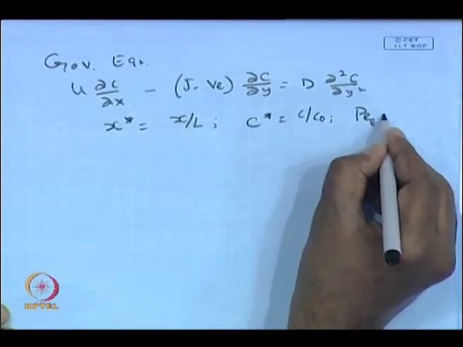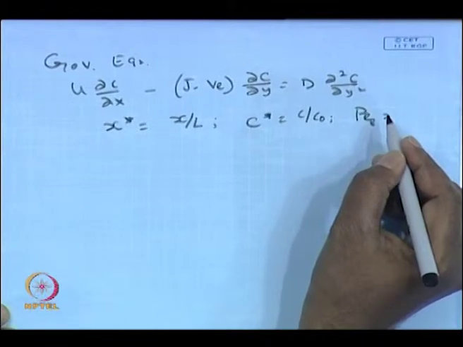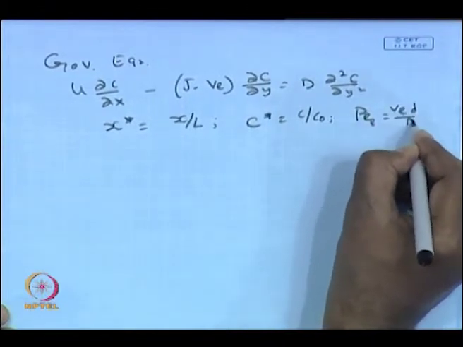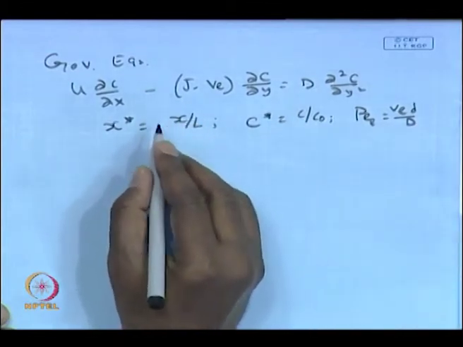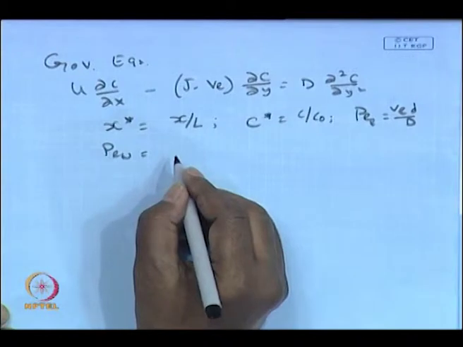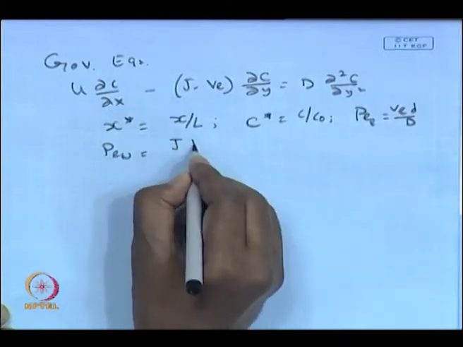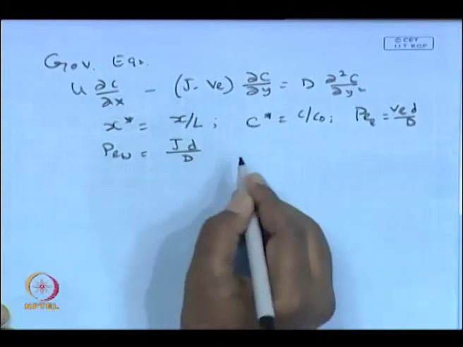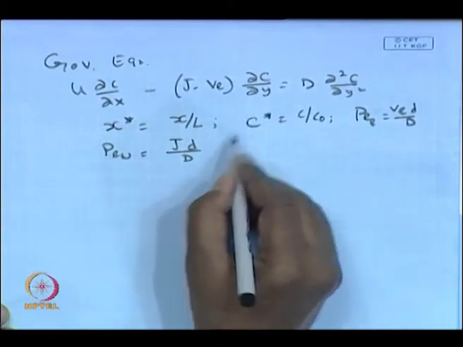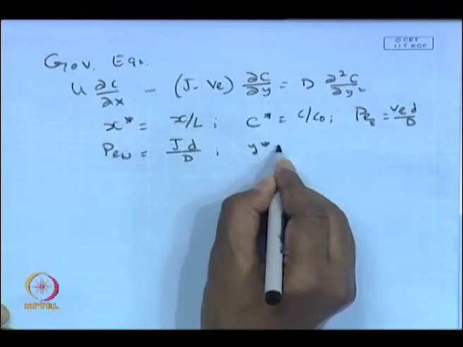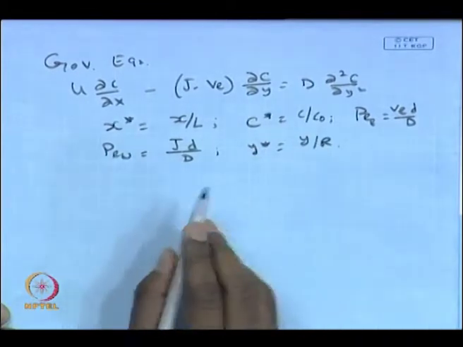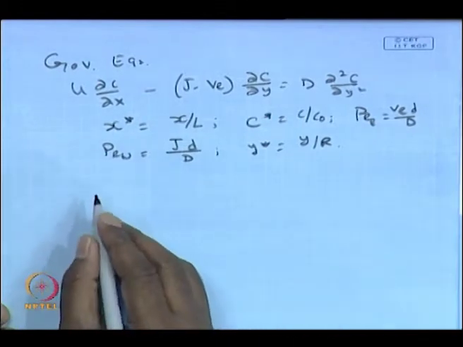P E E, the Peclet number because of the electric field, becomes V E d by D. P E W, the Peclet number because of the wall suction, is J d by D, where D is the diffusivity and small d is the diameter of the tube, and y star is equal to y by r, r is the radius. So, it will be non-dimensionalized against those numbers.